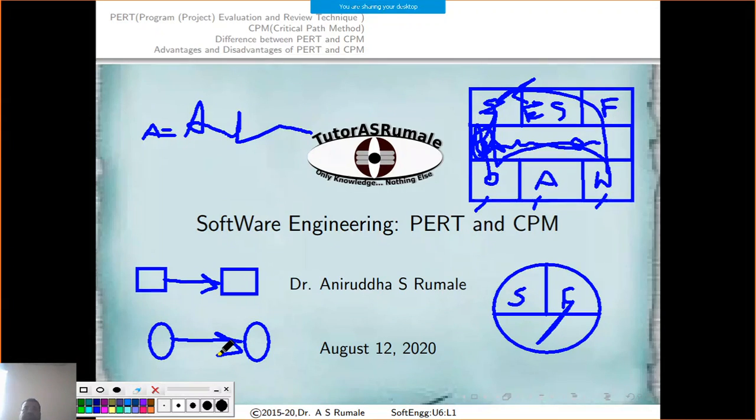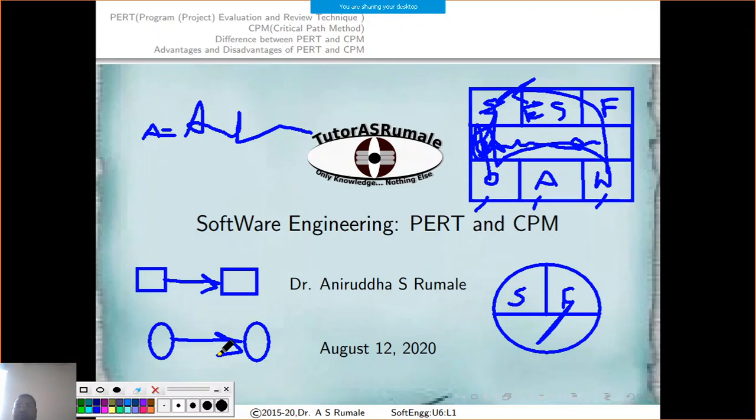Once the entire graph, generally called an activity graph or a project network, is designed by you, you can find the optimal path. We are going to discuss the shortest path algorithm and likewise.